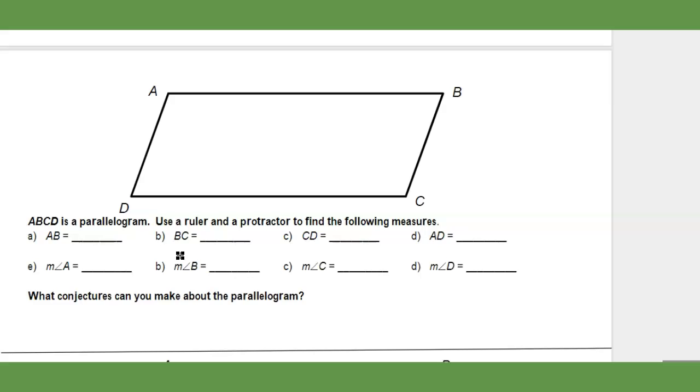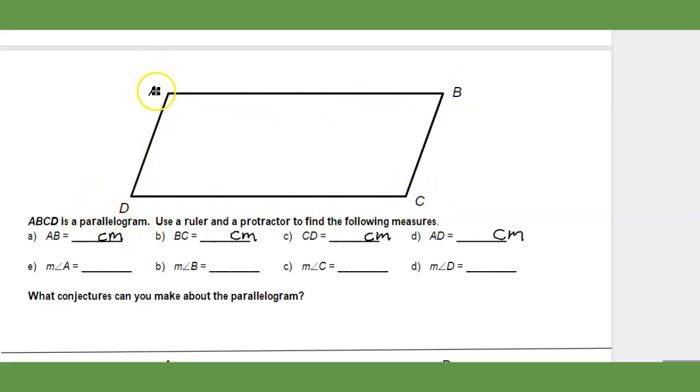I want you to actually take a protractor and measure the length of the sides, and use centimeters for each one of these. And hypothesize: what do you think is congruent to what?